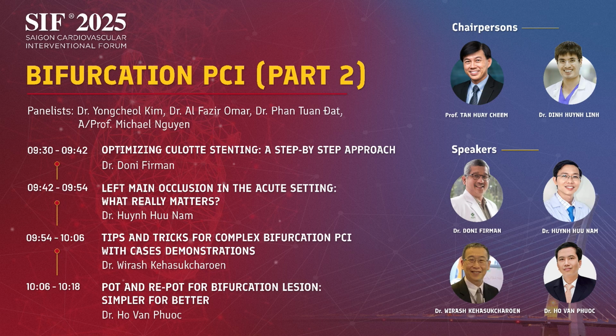Do that procedure really well. Choose one procedure that you can do really, really well, and you'll get the best outcomes. Use imaging if you can to optimize your strategy. Use POT, we love POT as well. But use one procedure, use imaging, use POT, and hopefully your outcomes will be very good in bifurcation lesions.